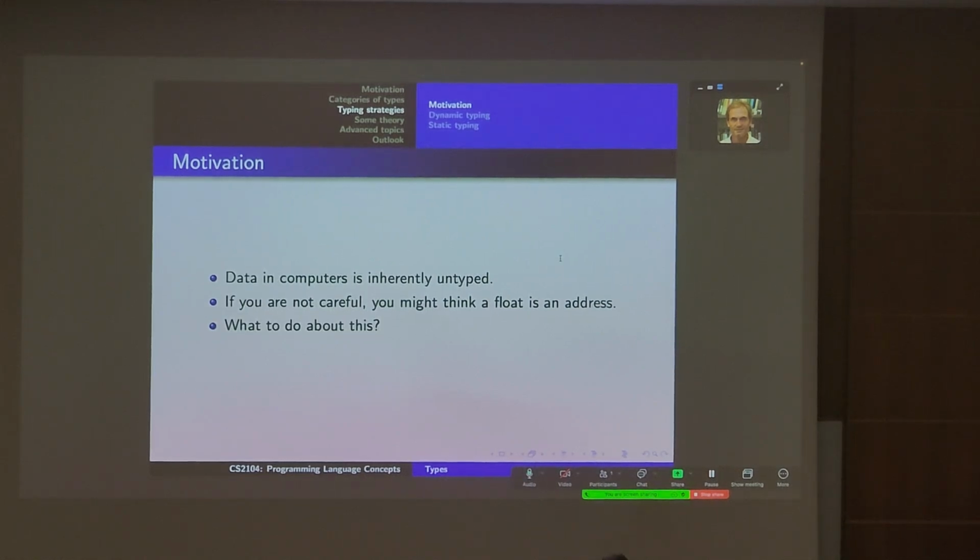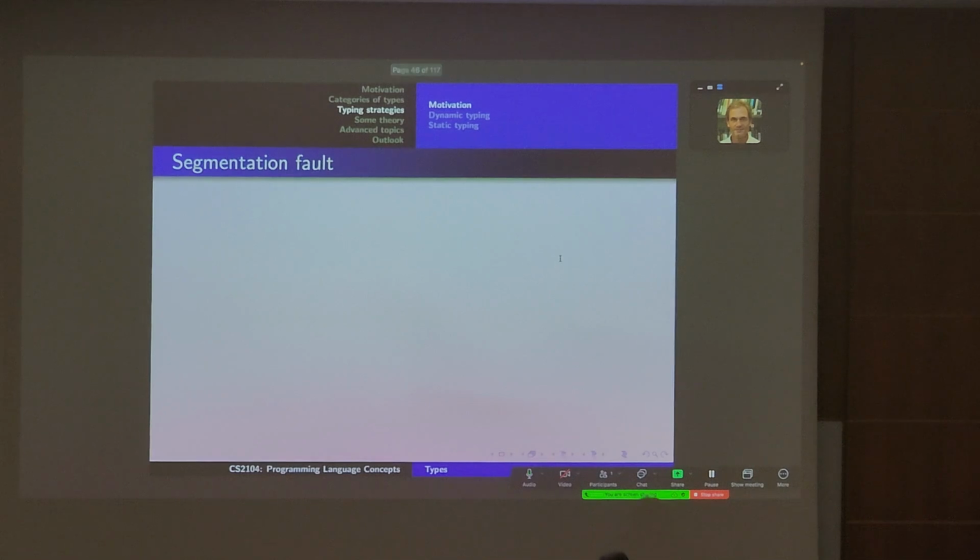So what do we do about this? There are different strategies. First thing is the operating system can handle this. So turning a float into an address is a terrible thing because it will compromise your system. You could actually access areas of your memory that is not even part of the process that you've done. So it's really bad.